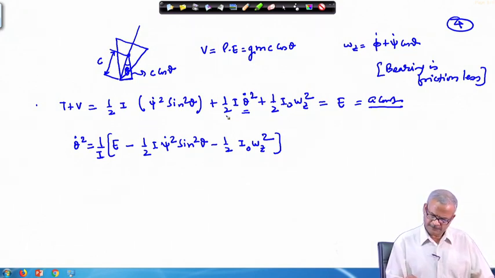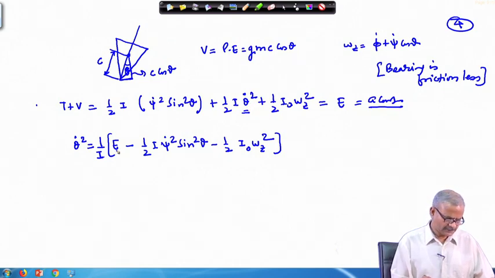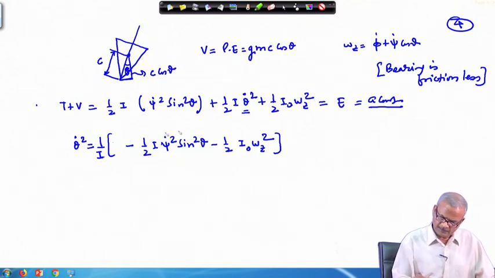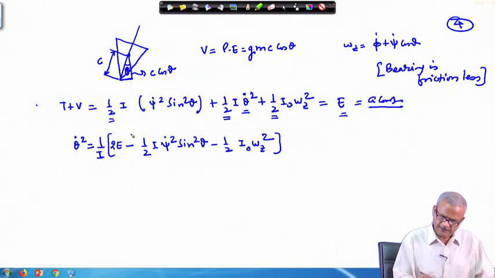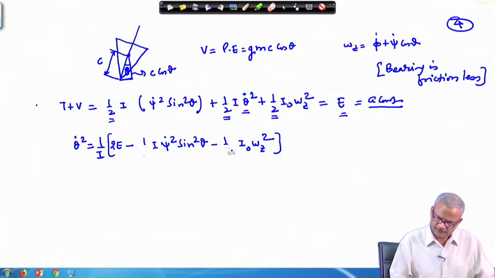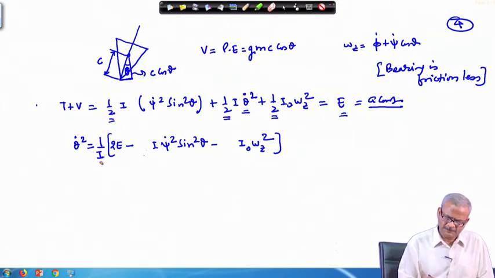So, this 1 by 2 times I theta dot is there. So, we will make here 2 E. Instead of writing 2 in this place, we can take this 2 to the right hand side. So, that becomes 2 E, and therefore we can remove this 2 from all these places, and thereafter we can write it just in terms of I.